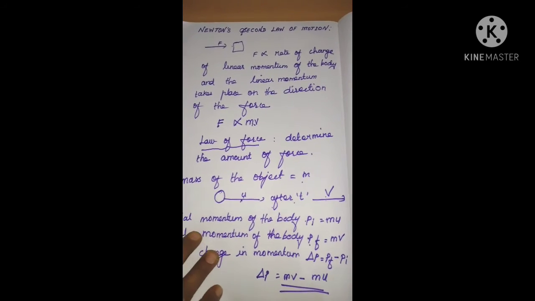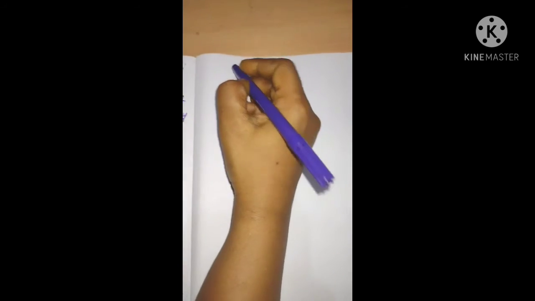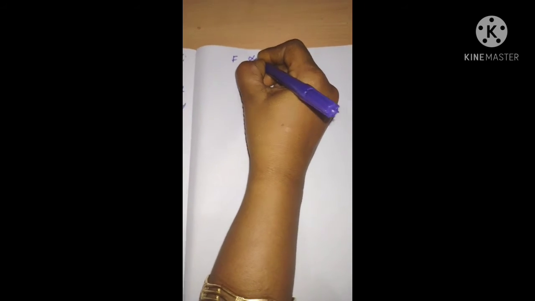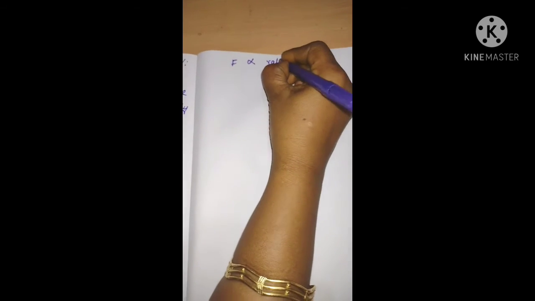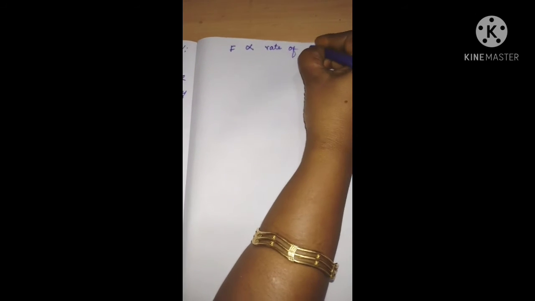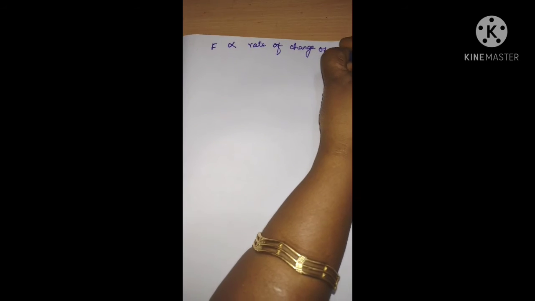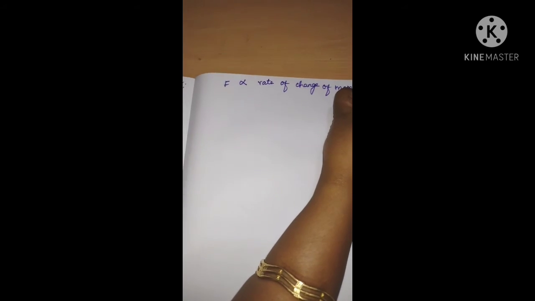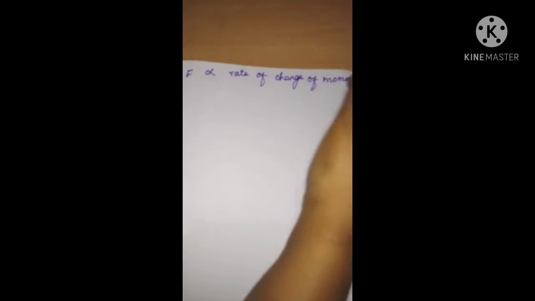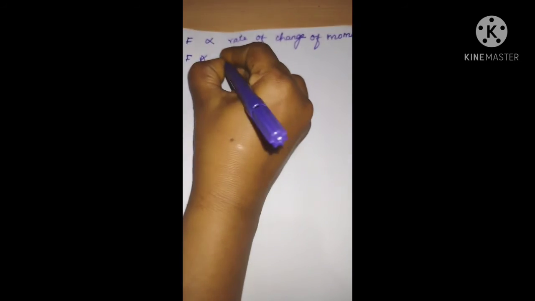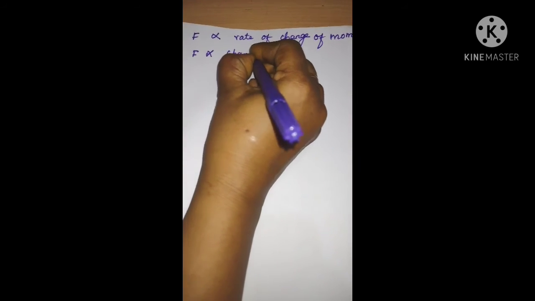Next, you know that in Newton's second law, the force is directly proportional to the rate of change of momentum. Rate of change of momentum means what? F is directly proportional to the change in momentum by time.